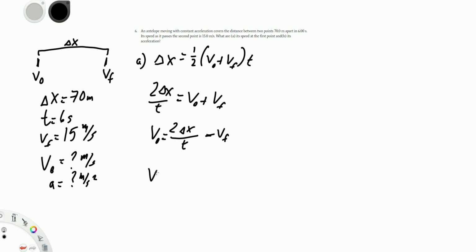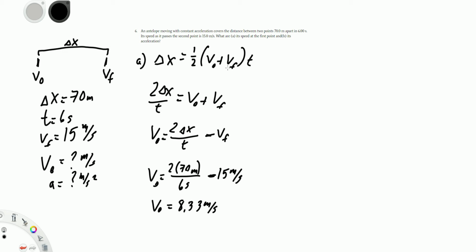If we plug the numbers in, 2 times 70 meters, divided by 6 seconds, minus 15 meters per second. That gets us an initial velocity of this 6-second motion of 8.33 meters per second.